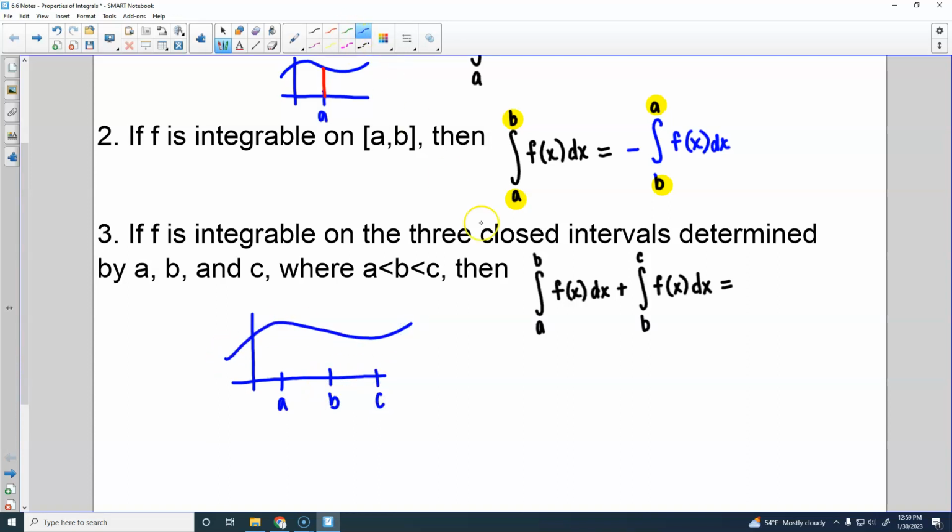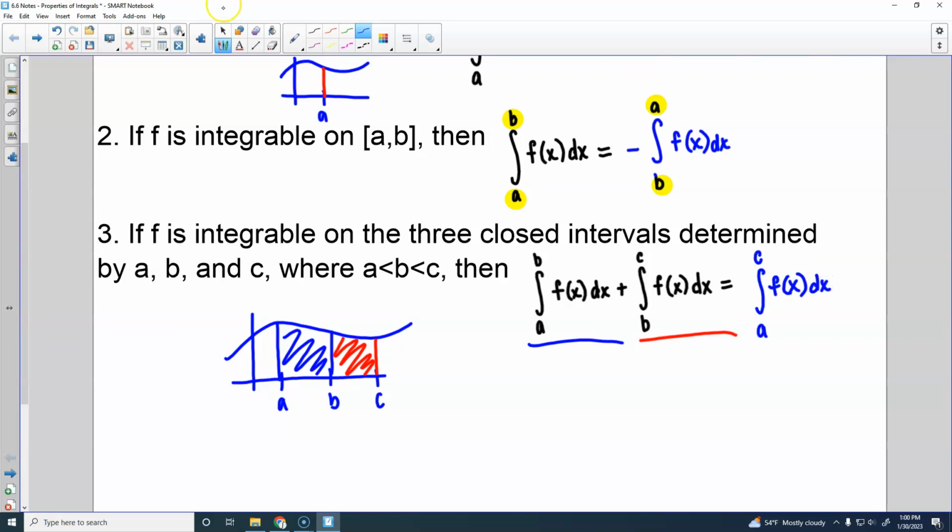So whenever we see this integral from a to b, that would be this area right here, and then our integral from b to c would be this area right here. So as long as we are dealing with something that we can take the integral of, we are looking at this equaling the integral just from a to c of f of x dx.